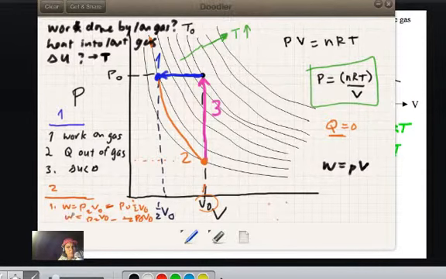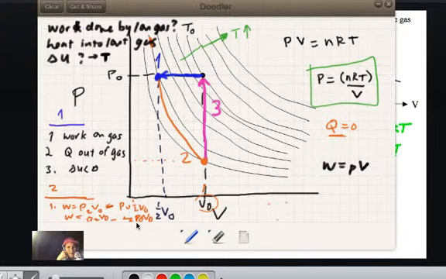Okay, so that is the work. If this term is bigger than that, then we know that the gas does work. Can we figure that out?